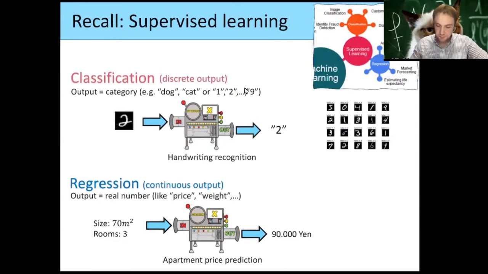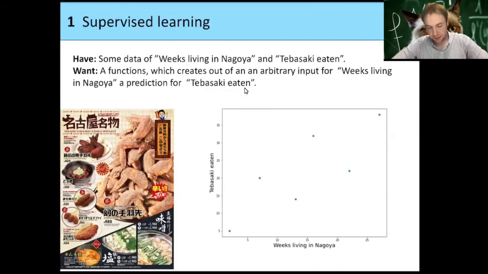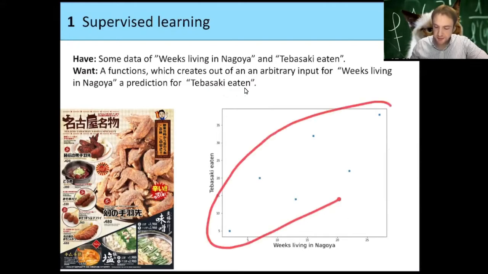And the example we talked a little bit about last time, and which we will solve today in detail, was this example of Tebasaki eating. The setup was that we ask some people on the street in Nagoya how long they live in Nagoya, and then we ask them how many tebasaki they have eaten. In this case, we have 6 data points here.